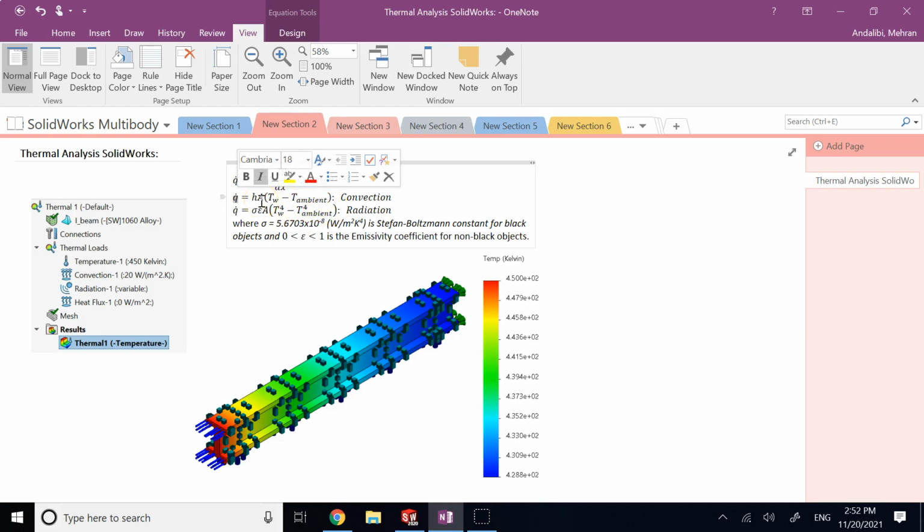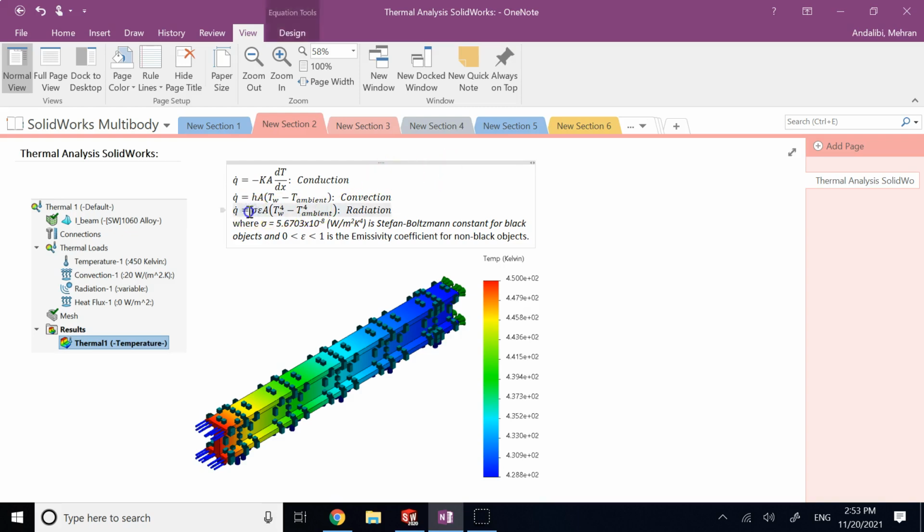Where A again is the cross section exposed to the fluid flow, T wall and T ambient I already explained, and h is the convection coefficient for that convection by that fluid, which depends on so many parameters like the speed at which the fluid moves with respect to the surface. You might also call it the Reynolds number and so on and so forth, right?